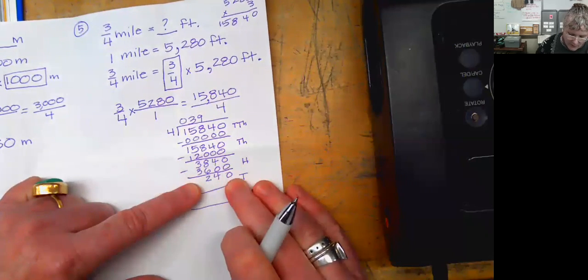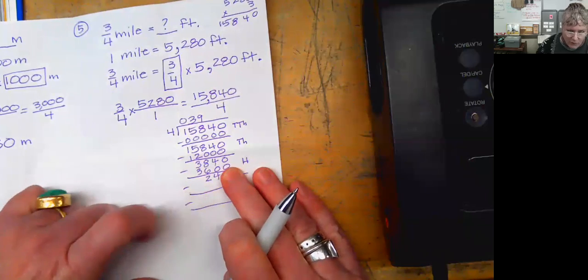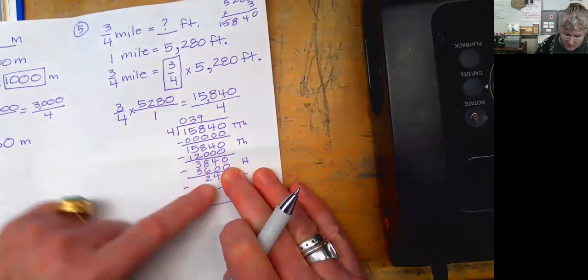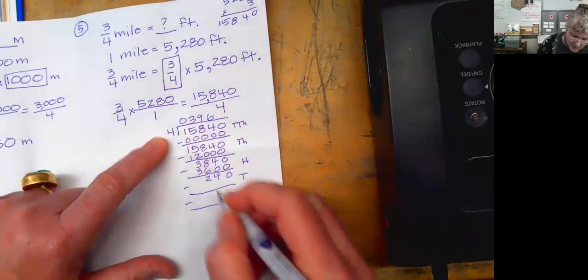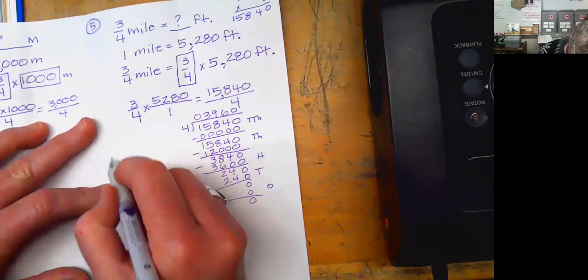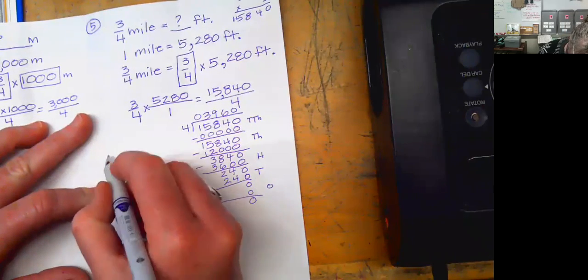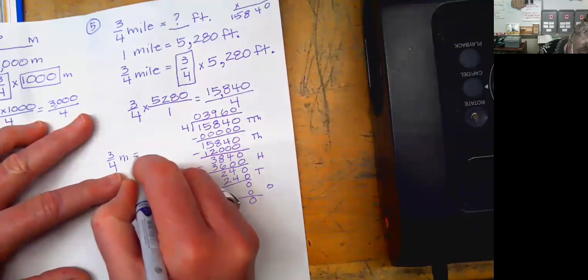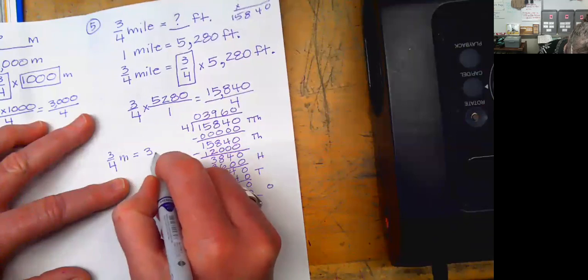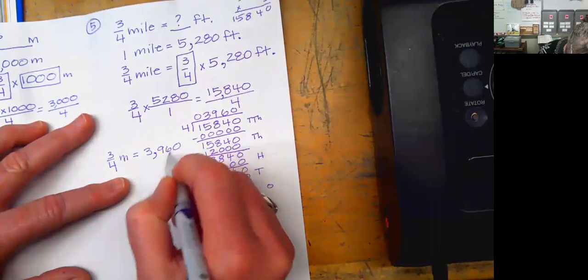So I have 240, but I'm in the tens place. So I look at 24, right? Because the 4 is in the tens place. And that will go 6 times. And that's 240. And then I get 0, and 0 is 0. Okay, so my answer is that 3/4 of a mile is equivalent to 3,960 feet.